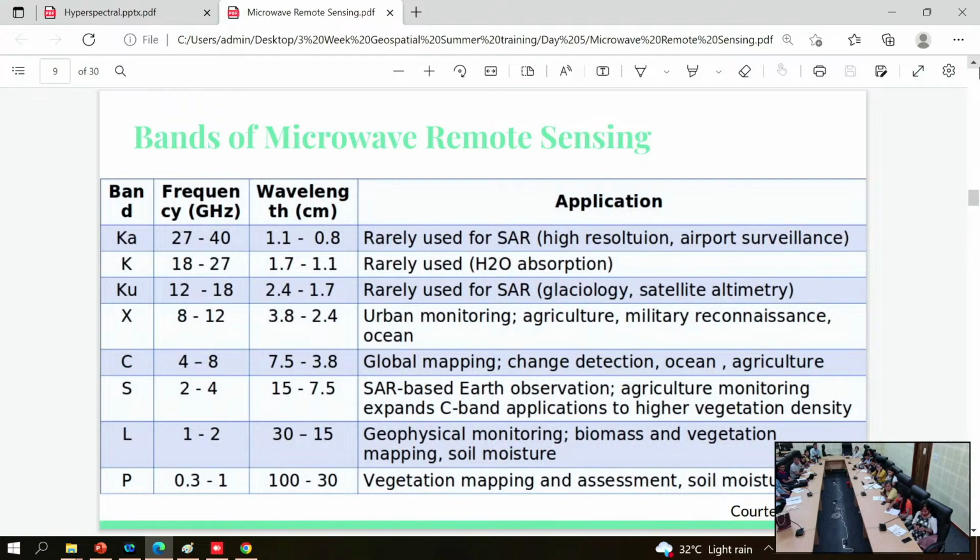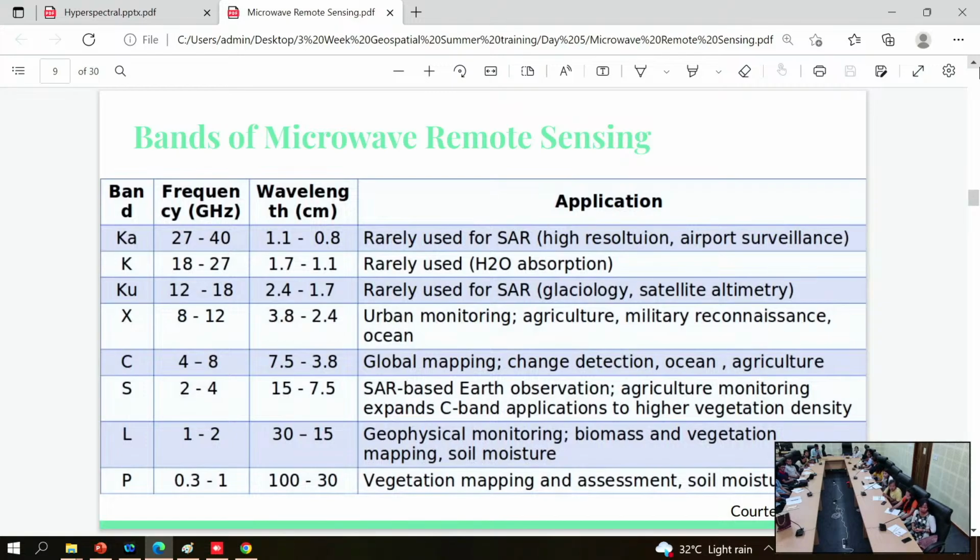The frequency is 0.3 to 1 gigahertz. Gigahertz means 10 to the power, how much is it? 10 to the power 6, I think, right? No, 10 to the power 9, 10 to the power 9 per second. So, that is the measure of frequency.